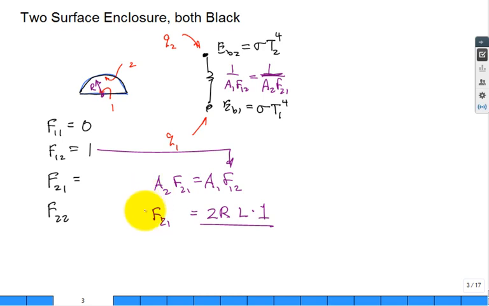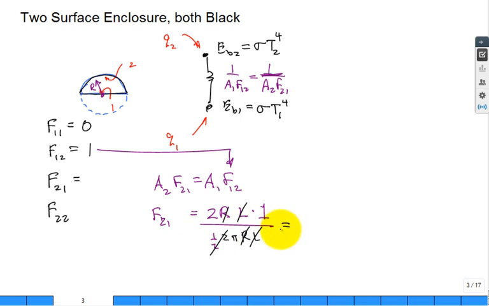Half of the, if I went all the way around, isn't that 2 pi R times L? But I'm doing a half of 2 pi RL. The halves cancel, the R's cancel, the L's cancel.